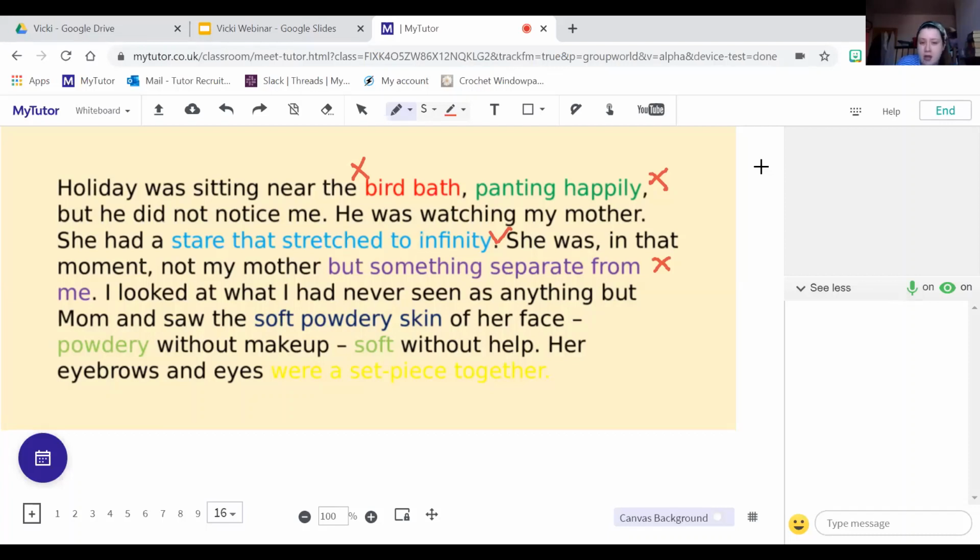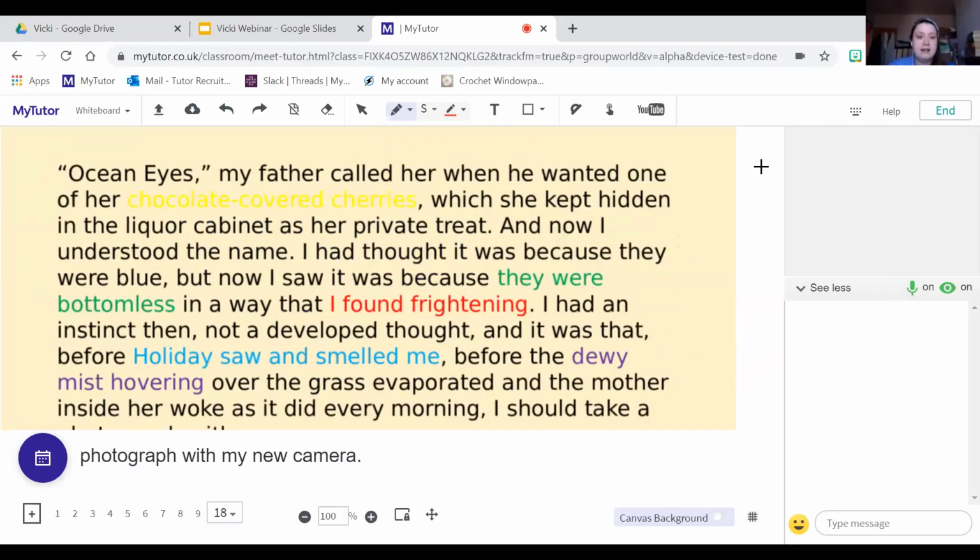Now, I could talk about the repetition of soft and powdery. So we could talk about that one, and we could talk about a set piece together, because I suppose that sort of creates a sort of order. So those are the ones that we could potentially talk about there. So let's have a look at the other one. So chocolate covered cherries.